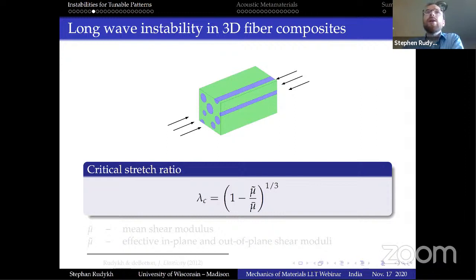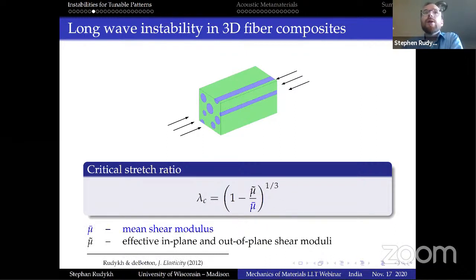And we can obtain the value for the critical stretch, so we can answer the question when the material will buckle. And so this critical stretch is given by this compact formula, in which all the components are defined in terms of the actual micromechanical parameters.